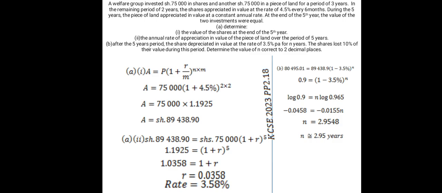During the 5 years, the piece of land appreciated in value at a constant rate. At the end of the 5th year, the values of the two investments were equal. A. Determine 1. The value of the shares at the end of the 5th year. 2. The rate of appreciation in the value of the piece of land over the 5 years.